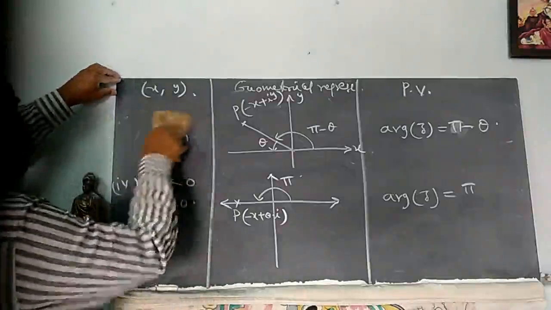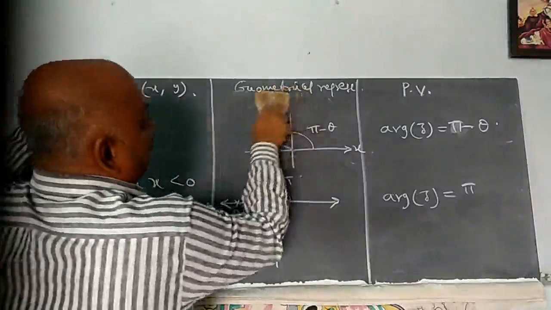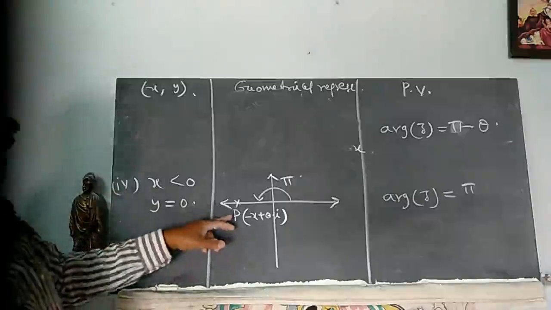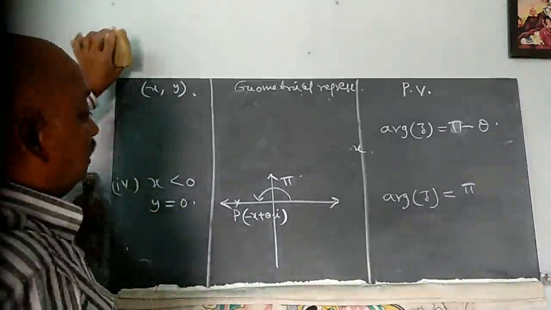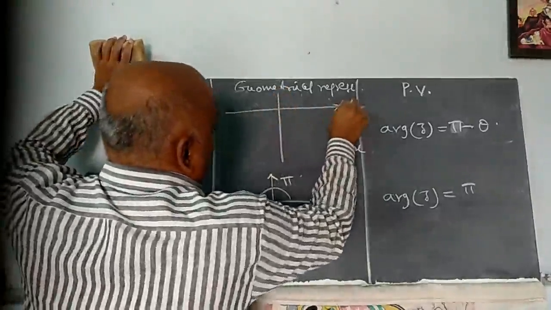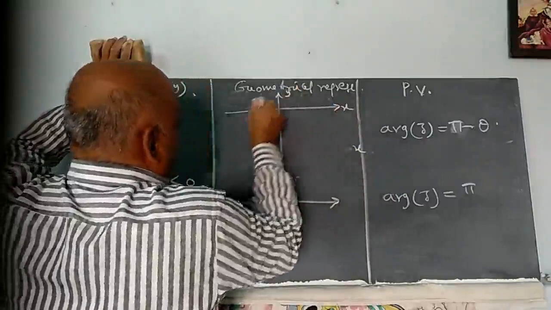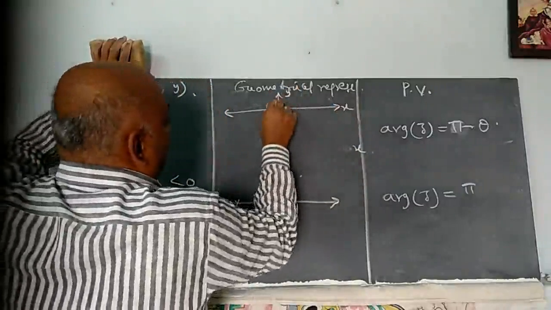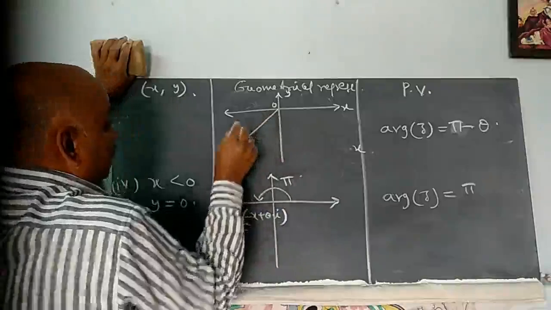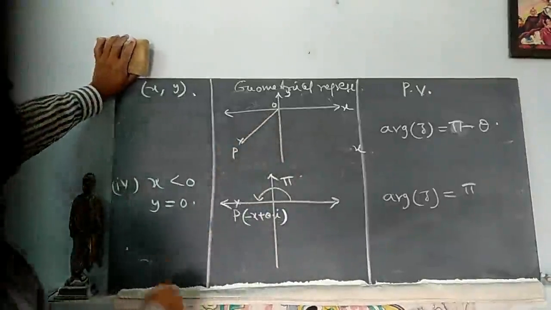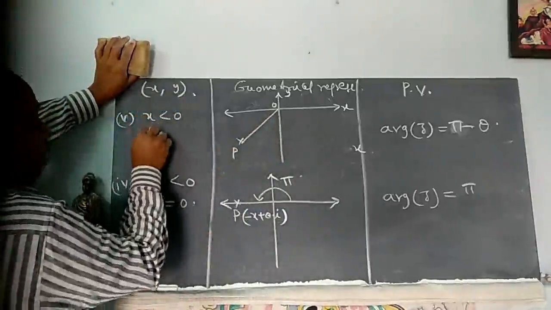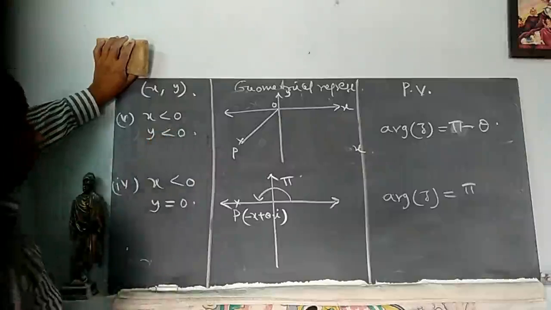Next, for fifth one, suppose P is in the third quadrant. X, Y, origin, P. In the third quadrant, x is less than 0 and y is also less than 0.